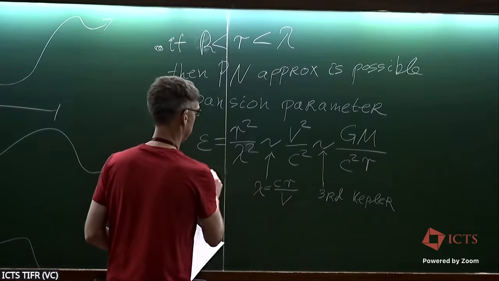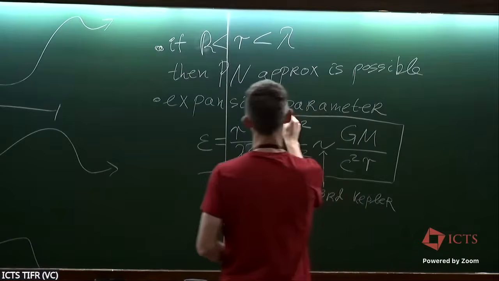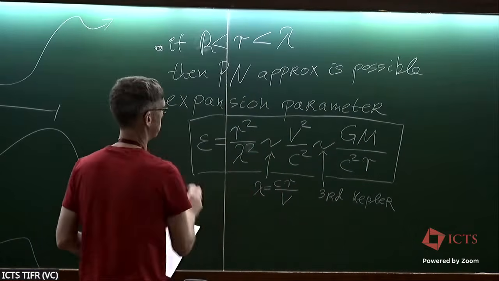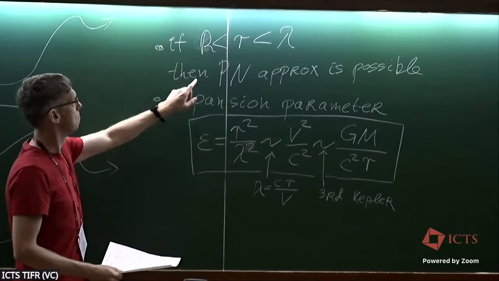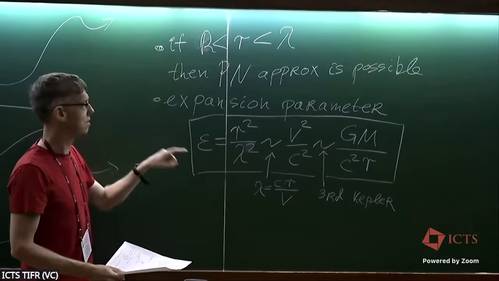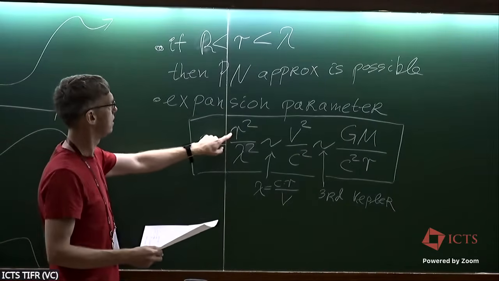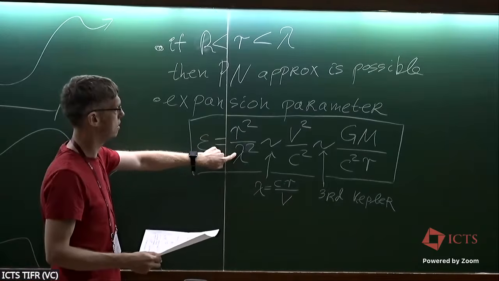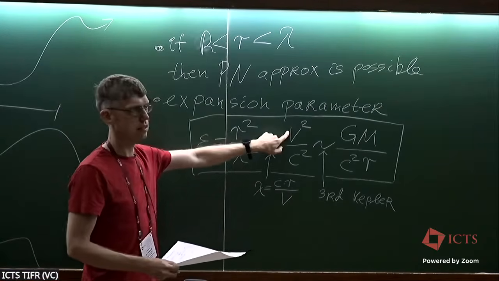Right, so this is the expansion parameter and how it relates to those other quantities here. The size of the body is not in there, so to say. But you see here we have the size of the orbit and the gravitational wavelength, and also the velocity in the binary.